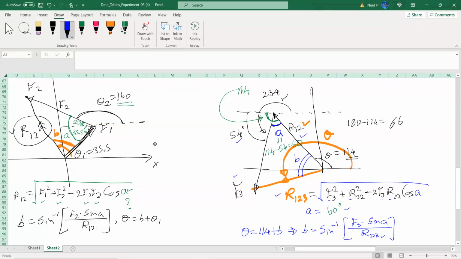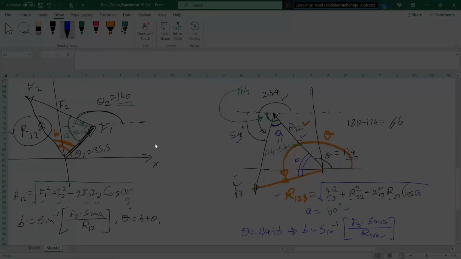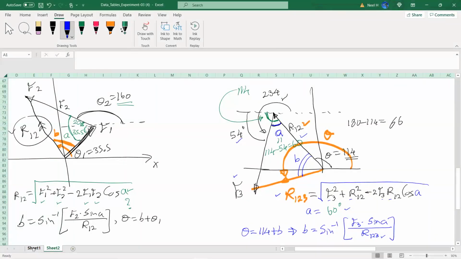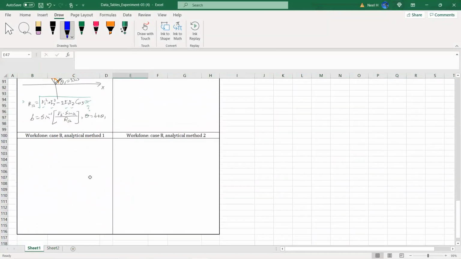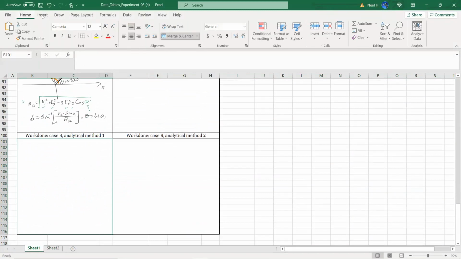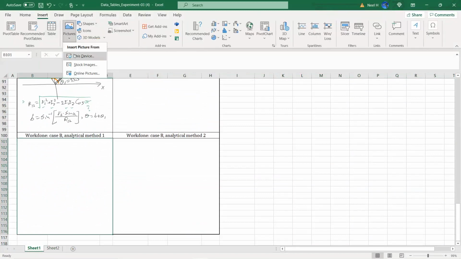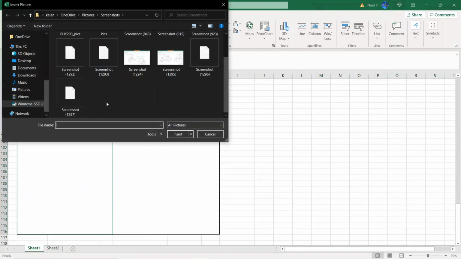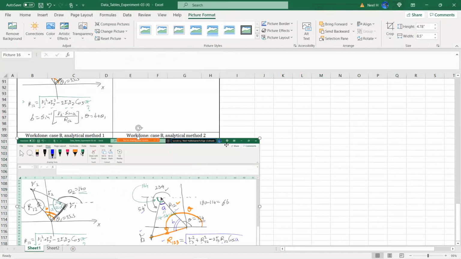Then you have to write that part down, take a picture, and then add it into this table right here, case B, method 1. Insert pictures from this device, then you can usually find the picture inside the Pictures folder.